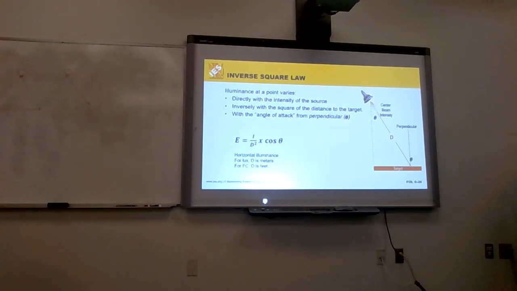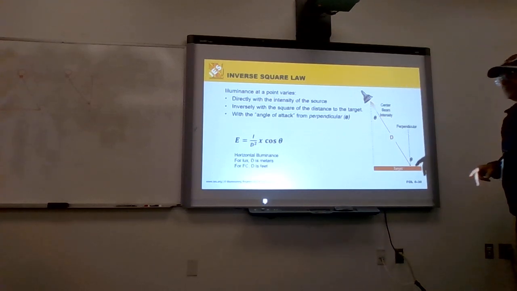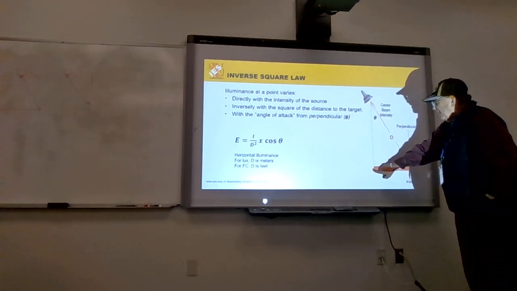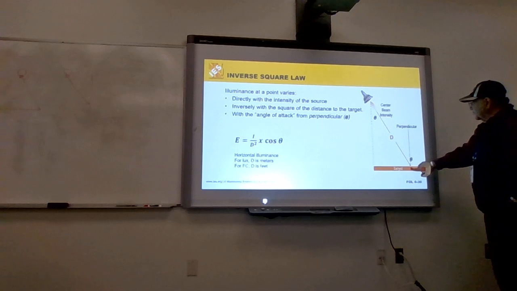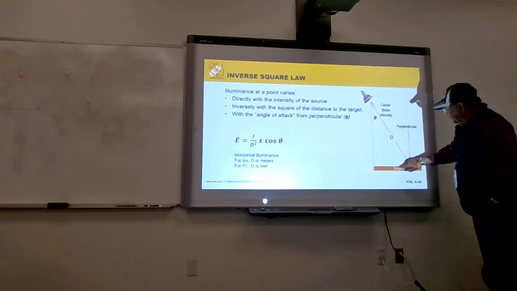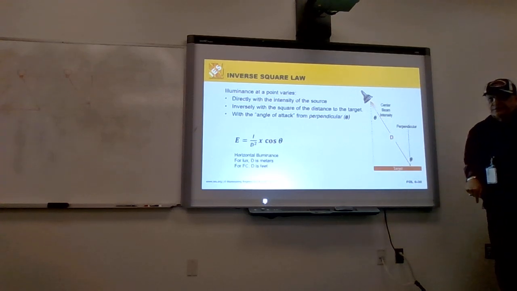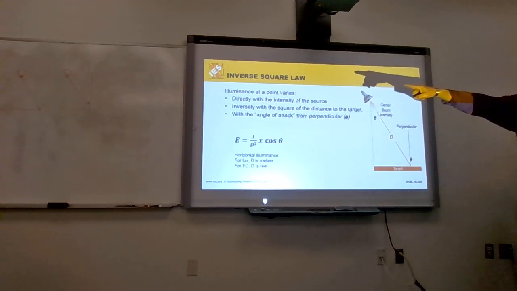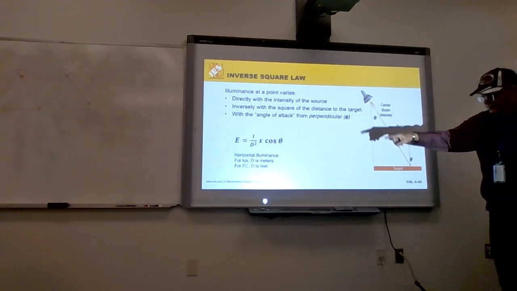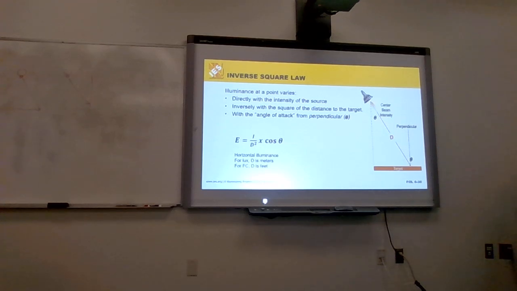I simplified this. Okay. Because what you have in front of you is the chart we're going to use. So, illuminance at a point varies. The foot candles here is different from the foot candles here. And the foot candles here would be different from the foot candles here or here. So those are the three choices that we have to make. And here is the formula. And it really gets down to this.